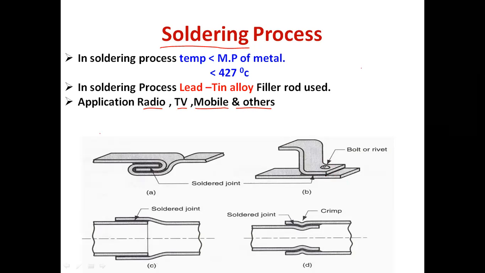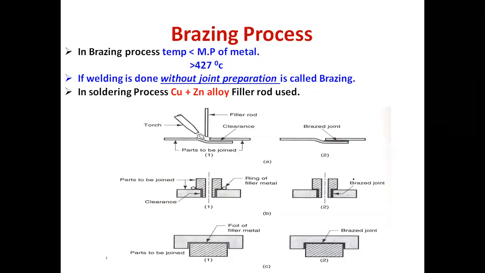Now let us see the brazing operation or brazing process. Here you can see the torch, the filler rod, and it is joined over here. Manual brazing is performed with a gas flame.